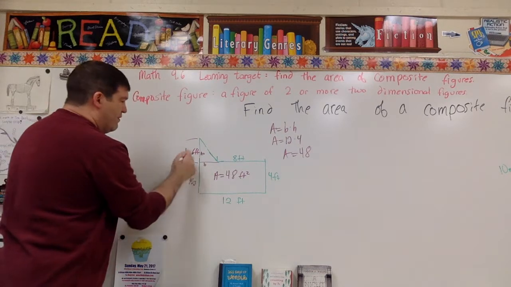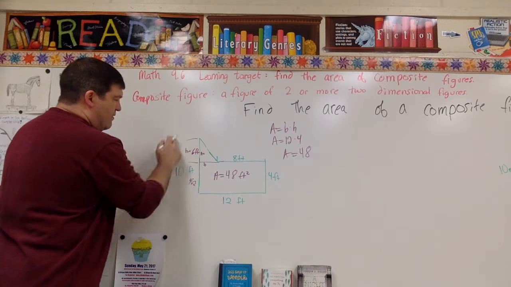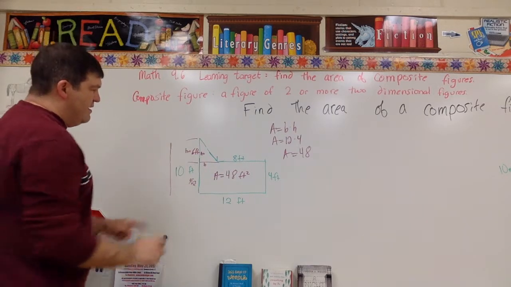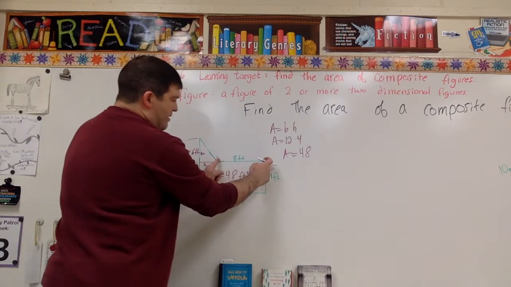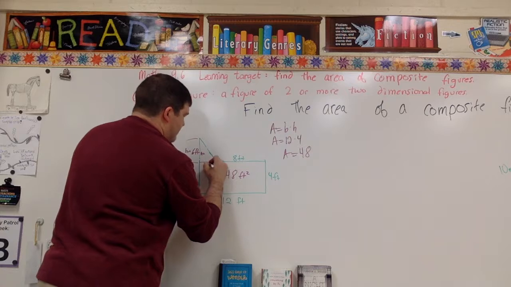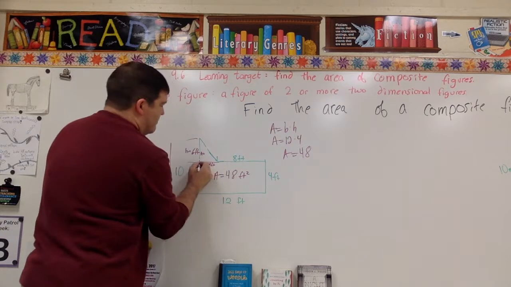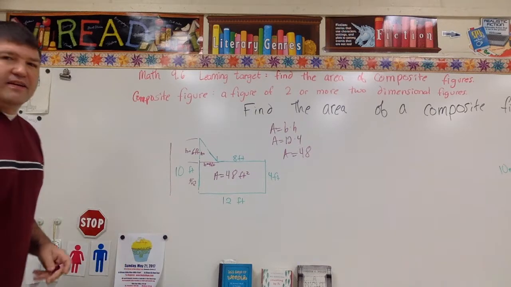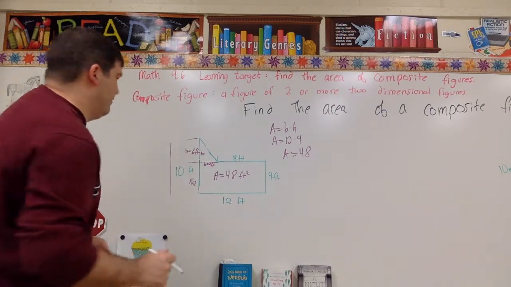Because 6 feet plus 4 feet equals a total of 10 feet. Okay, see how I had to figure that out? This one, from here to here is 8. From here to here is 12. So this must be 4 feet. Because 4 feet plus 8 feet gets me my 12 feet. All right, that's the little figuring that you have to do.